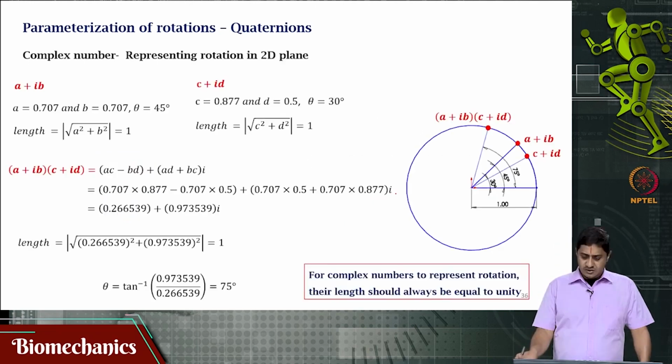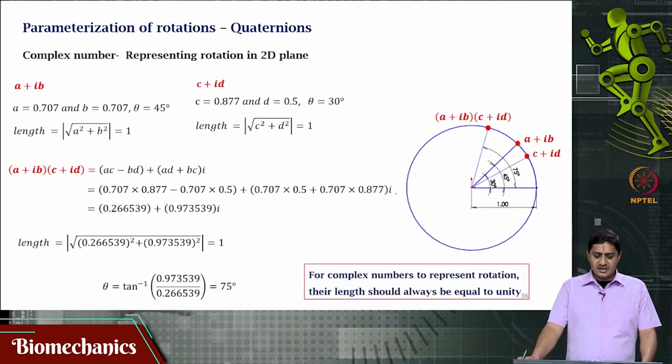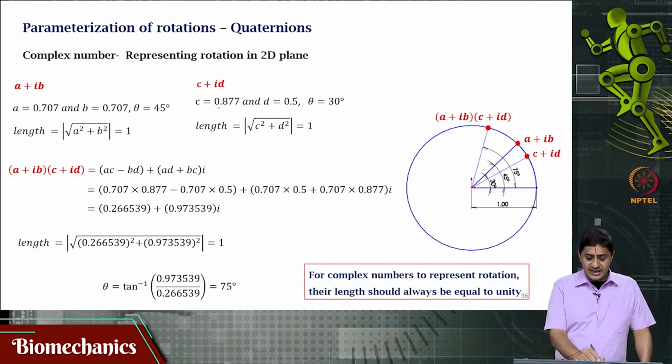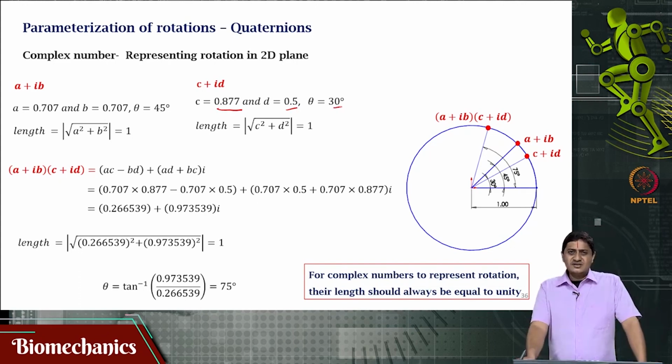Now, let us suppose that I have two complex numbers, a plus ib and c plus id, where a is 0.707, b is 0.707, theta is 45 degrees, and c is 0.877 and d is 0.5 and theta is 30 degrees.